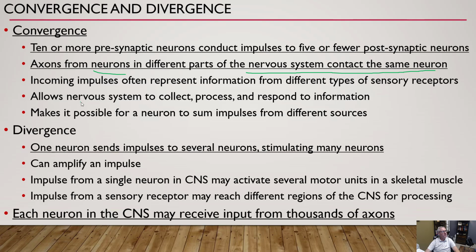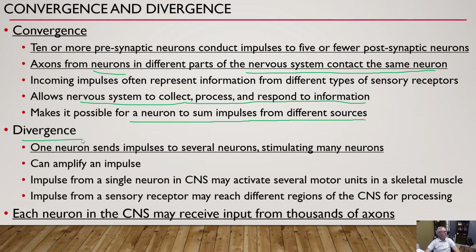And that postsynaptic neuron will collect, process, and respond to all of that information coming in from all of those different neurons. And it says here, it makes it possible for a neuron to sum impulses from different sources. We'll talk about that statement in about 2 slides.